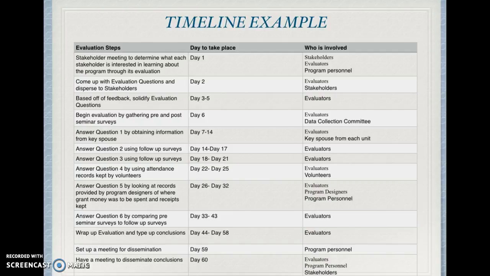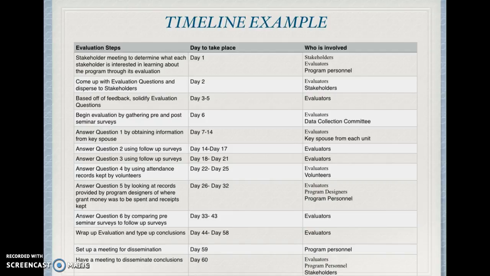Day 18 through 21, the evaluators are responsible for question 3 based off of follow-up surveys, as well as days 22 through 25, the evaluators and volunteers are responsible for question 4 by using attendance records kept by the volunteers themselves.